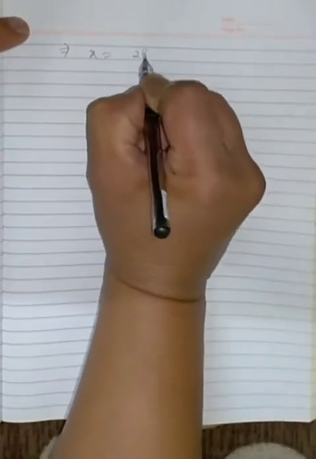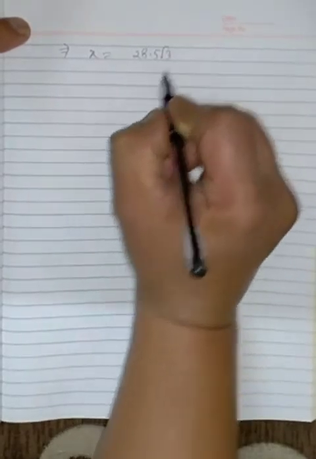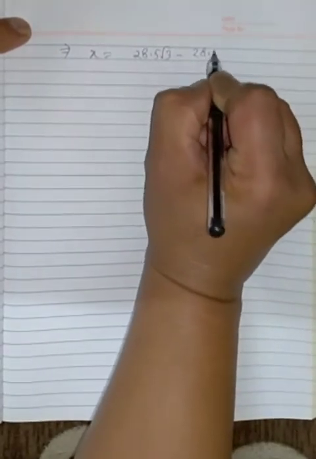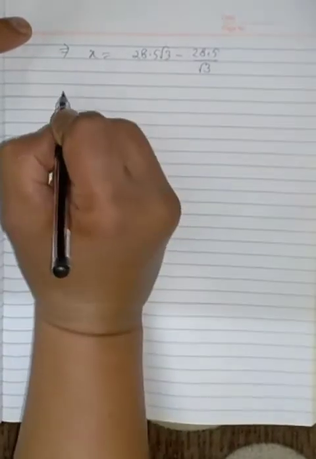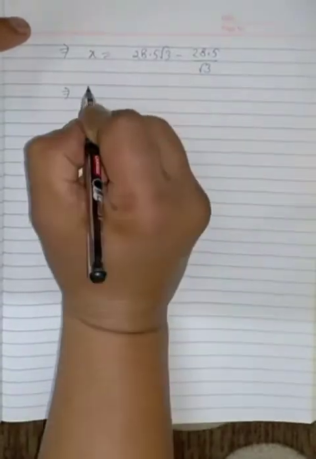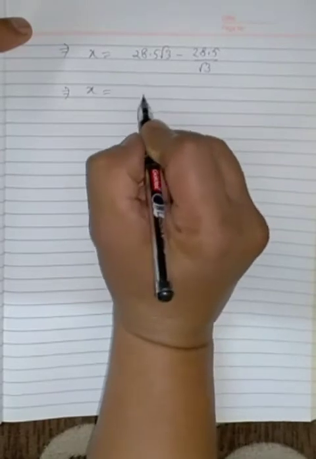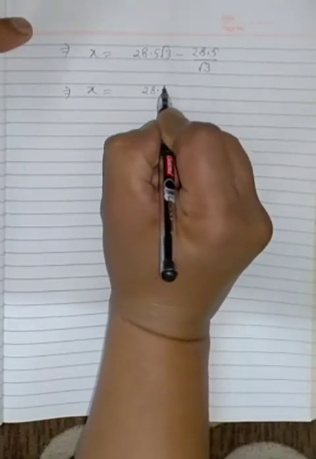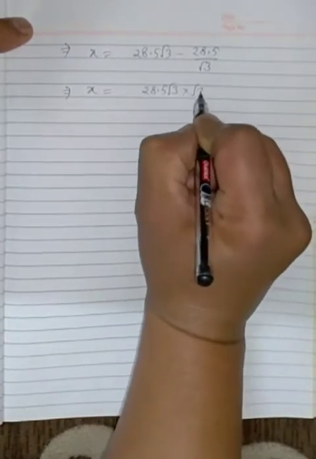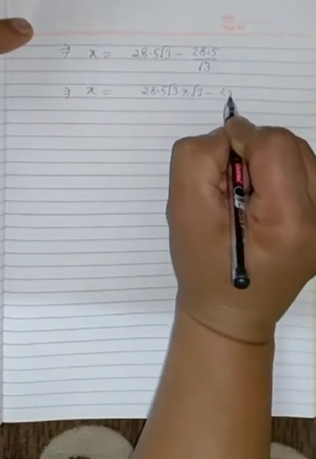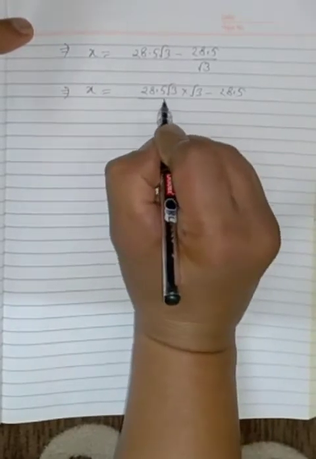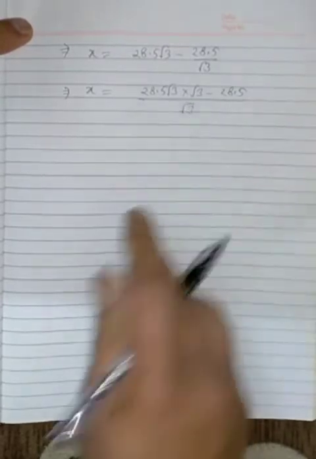Therefore, x is equal to 28.5 under root 3 minus 28.5 upon root 3. Therefore, x is equal to, by taking out the LCM, 28.5 under root 3 into under root 3 minus 28.5 upon under root 3.